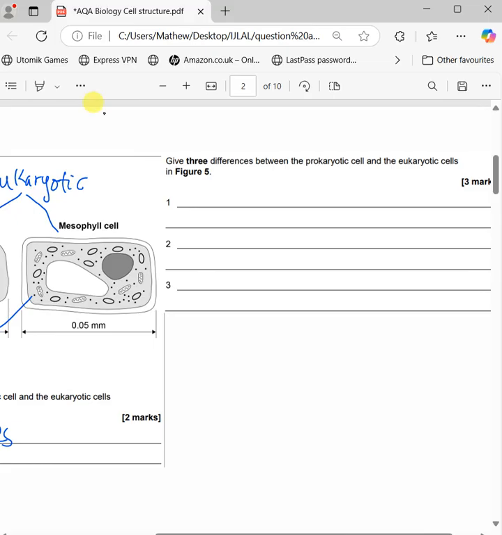The next question is, we are told that we should give three differences between a prokaryotic cell and a eukaryotic cell, which is also quite easy. You can still use the diagram to look at the differences.